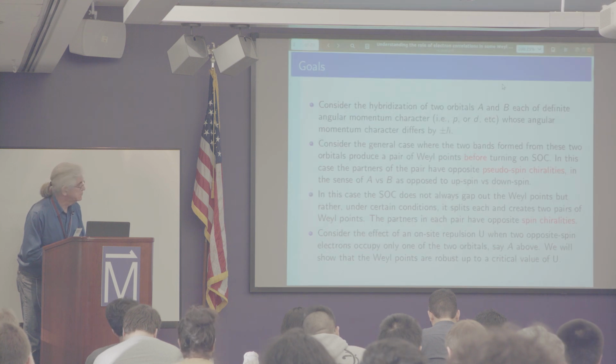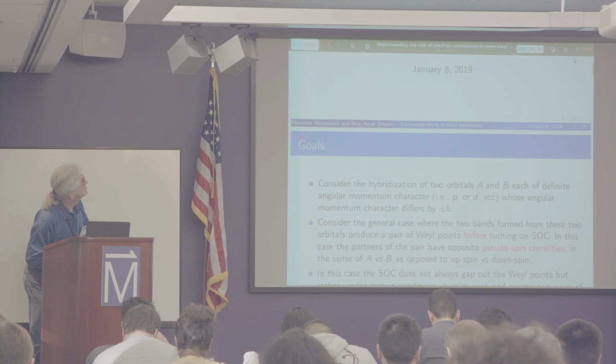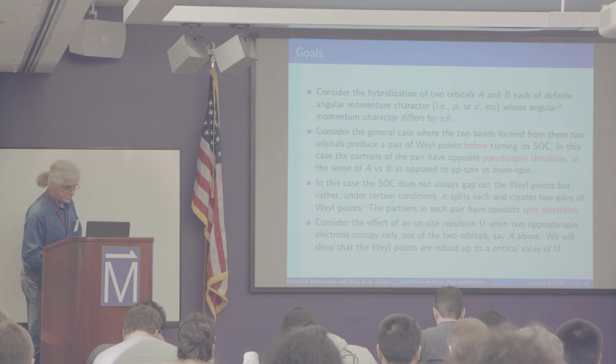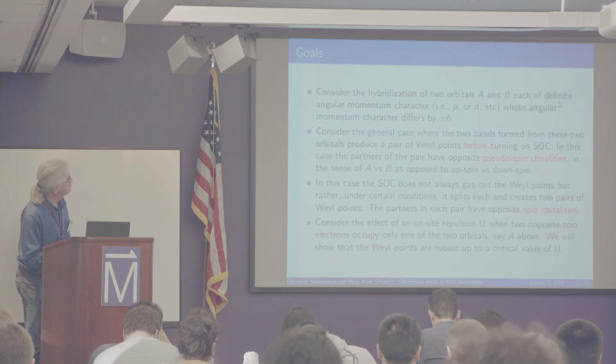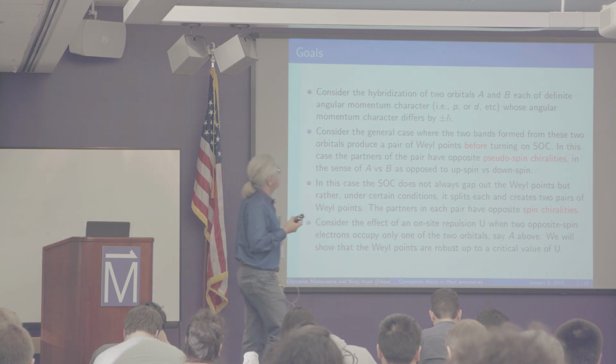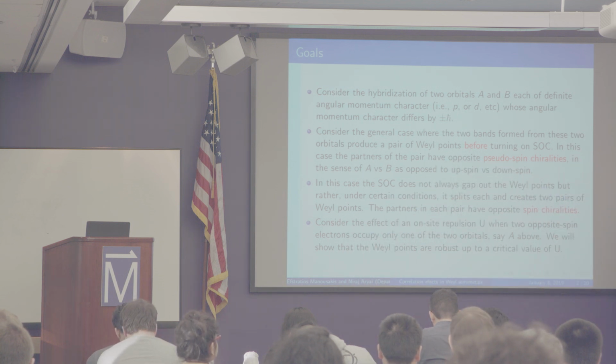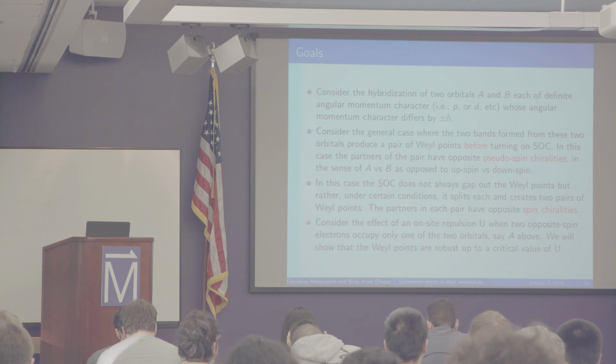So okay, now I'm going to consider a simple model with two orbitals, because you saw that there was 95% probability for only just two orbitals.